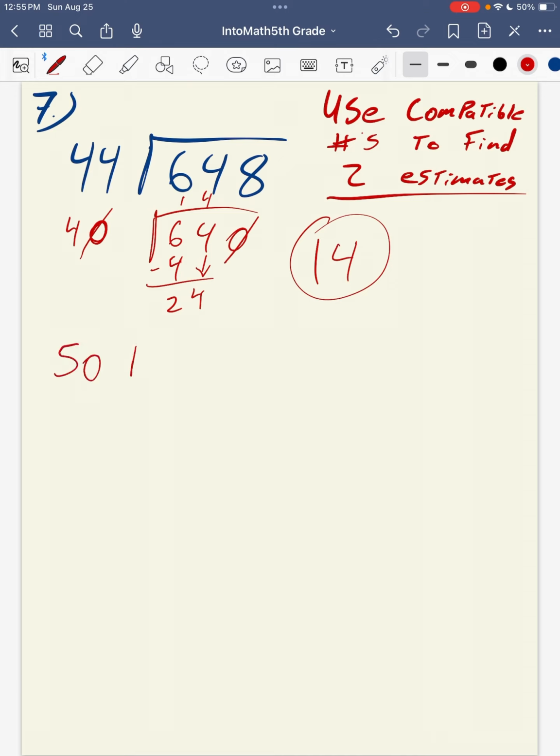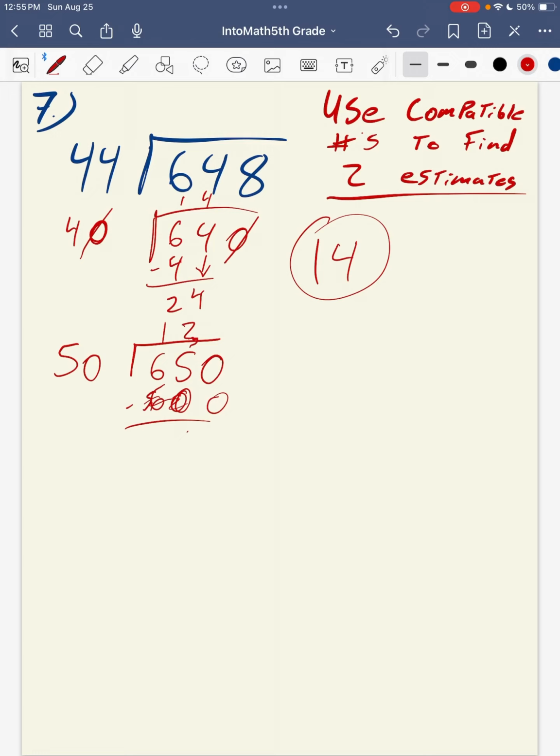Another way we could do this is, what if we round this up to 50 and 650? 50 could go into 600 12 times. Yeah, that would be 600.